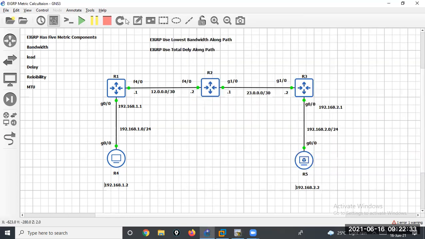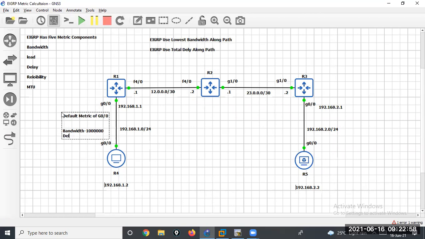Now I will write it here. Default metrics of the G0/0 interface. First is the bandwidth. What is the bandwidth here? 1000 Mbps, 1 followed by three zeros.